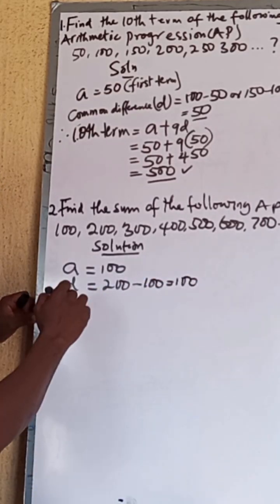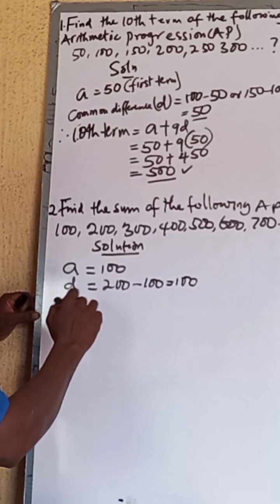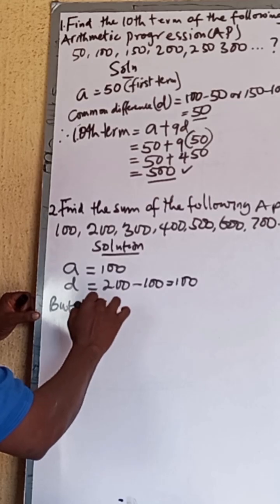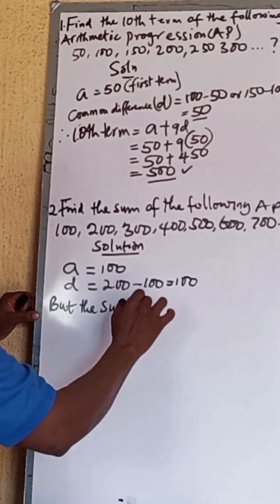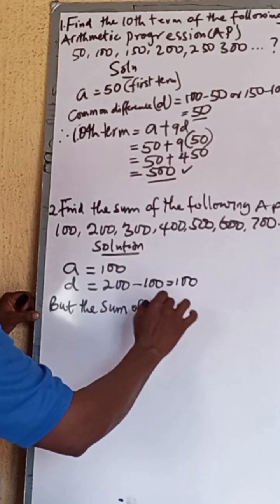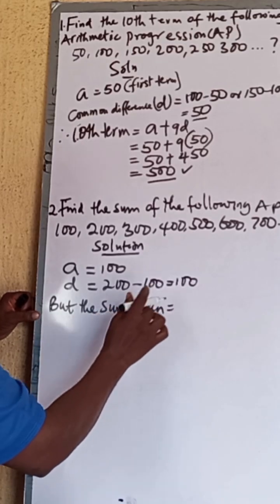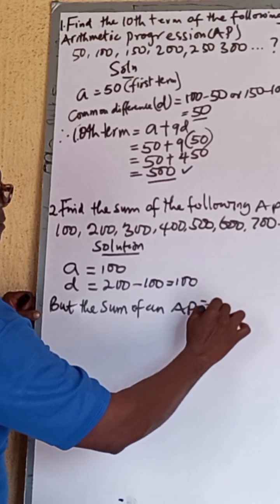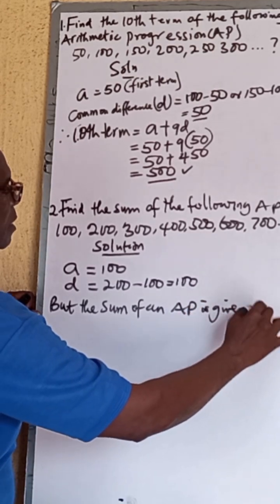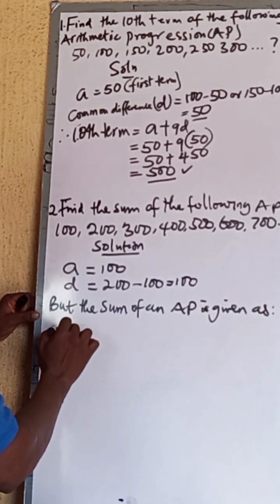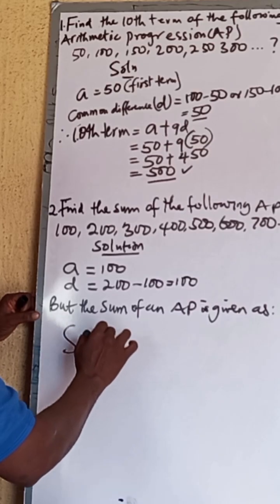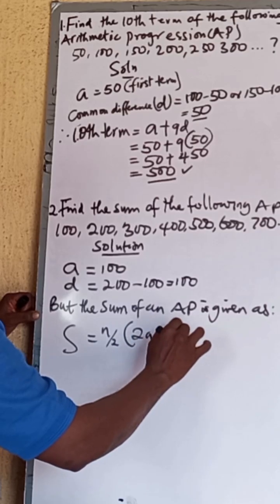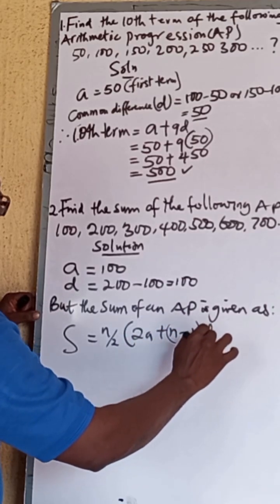Now, the sum of an AP is given as S equals N over 2 into 2A plus N minus 1 times the common difference.